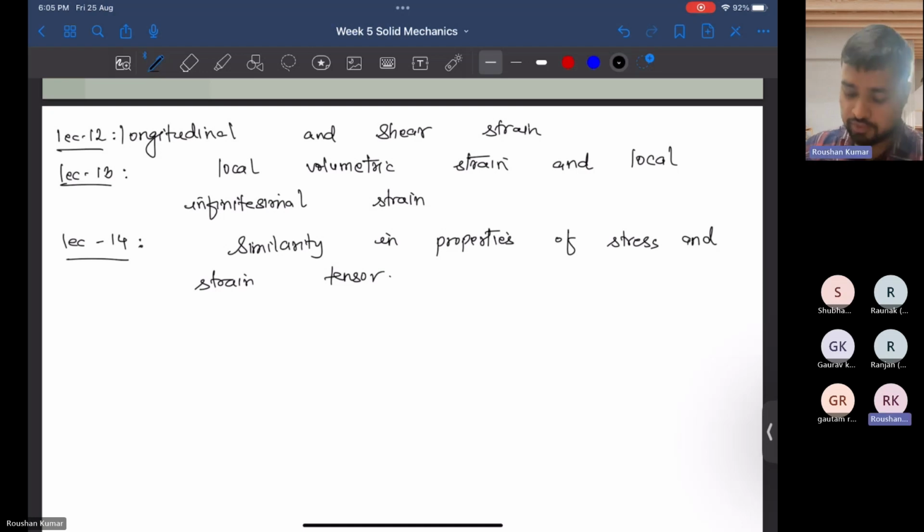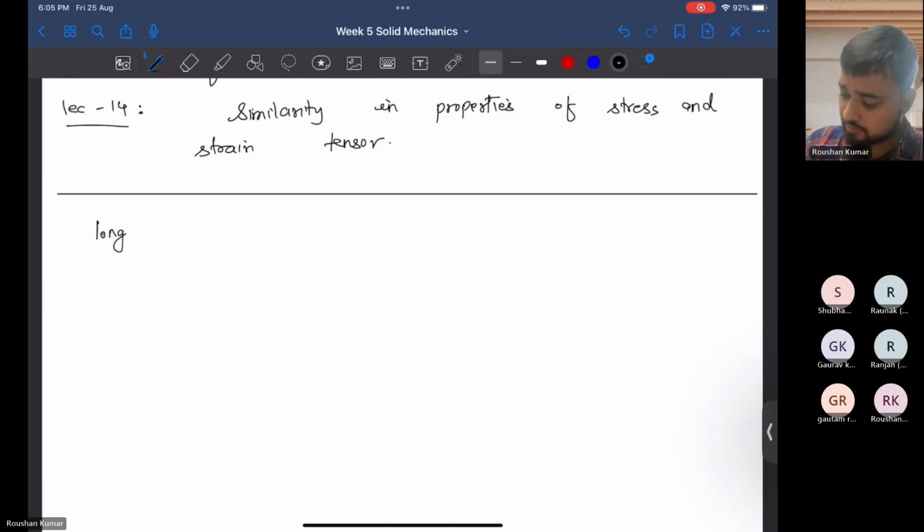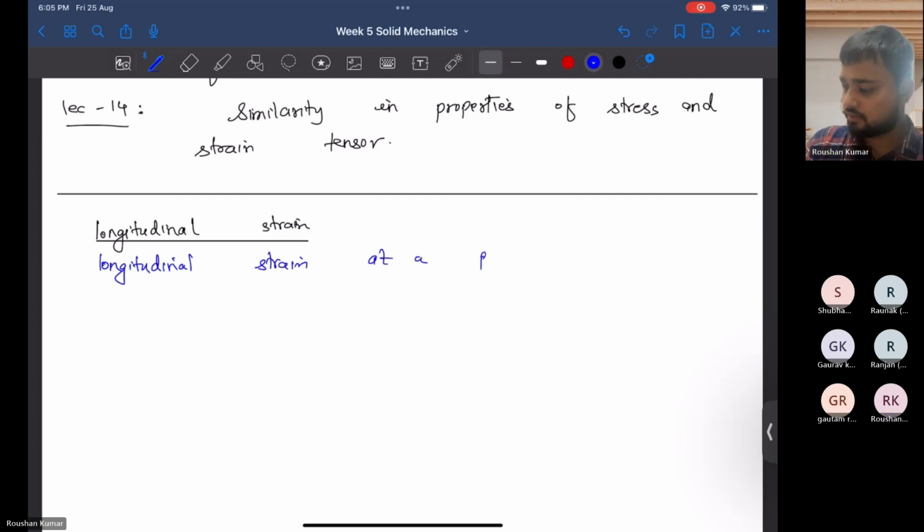First of all, the longitudinal strain at a point in a prescribed direction is given by epsilon.